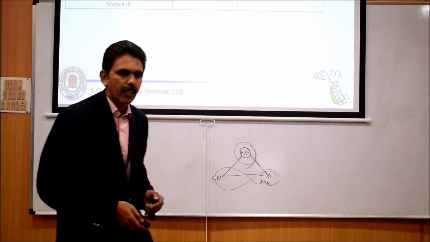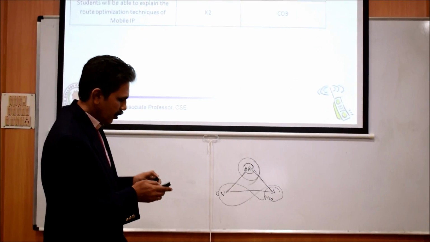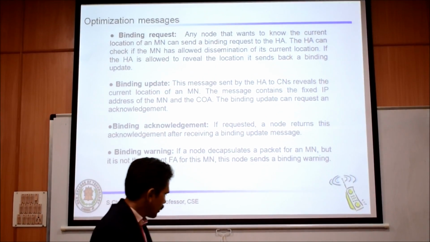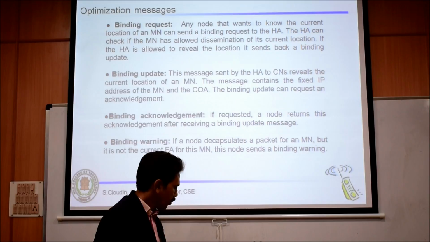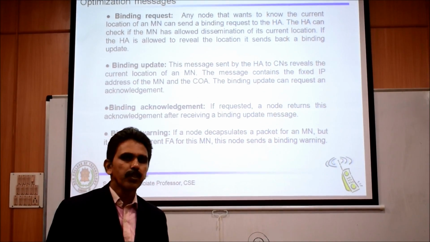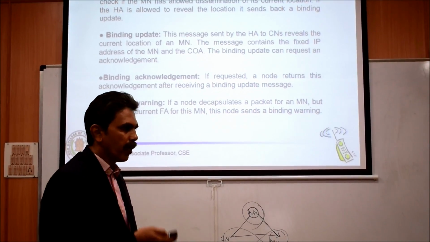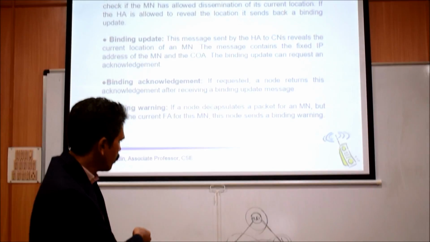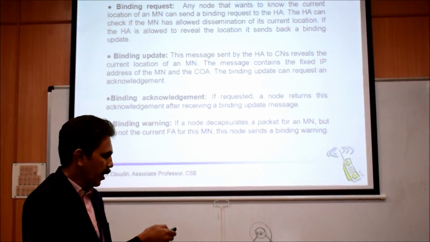So we can have a solution like this. What is the binding request? If the correspondent node sends a message to the home agent saying that it wants to know the location of the mobile node, that is called a binding request. It wants to bind directly with the mobile node.